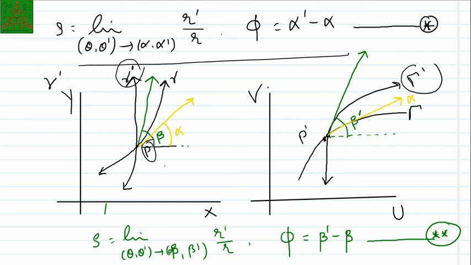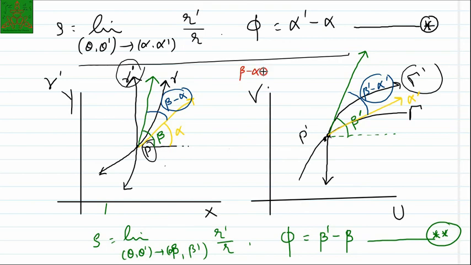Here is gamma, and bigger gamma dash. Now the angle between this, that is beta minus alpha, which is this angle, and here the angle between these two is beta dash minus alpha dash. So you will have beta minus alpha is the same as beta dash minus alpha dash, and hence these angles are preserved.